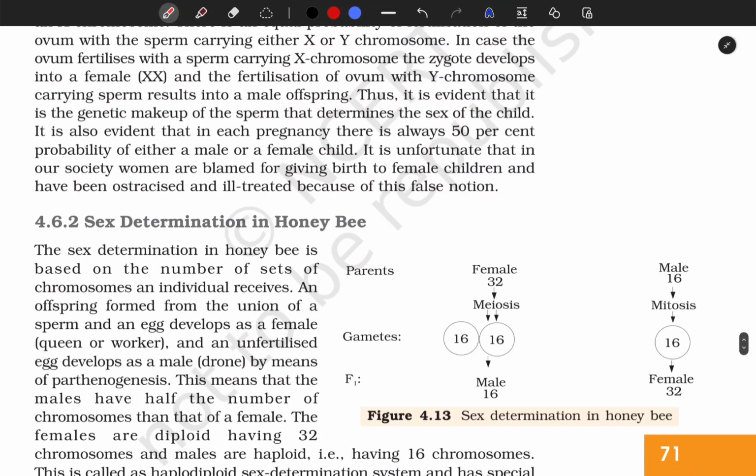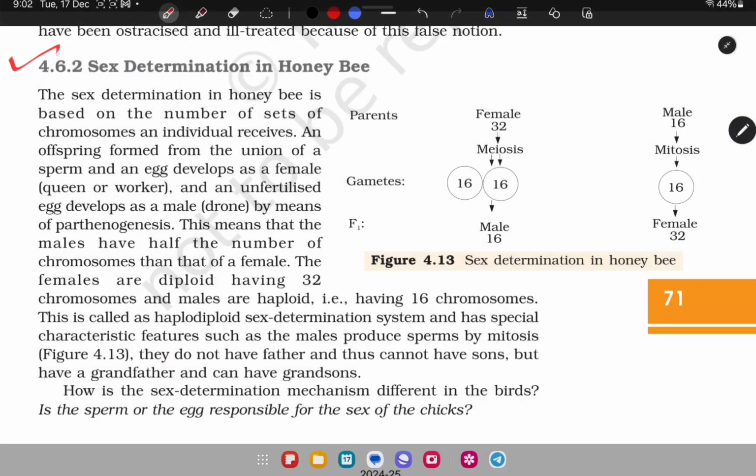It is also evident that in each pregnancy there is always a 50% probability of either a male or female child. It is unfortunate that in our society women are blamed for giving birth to female children and are ostracized and ill-treated because of this false notion.